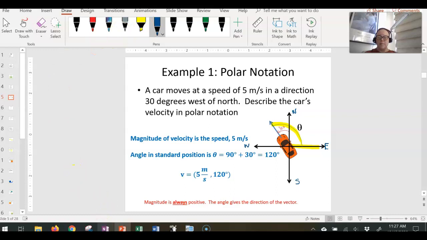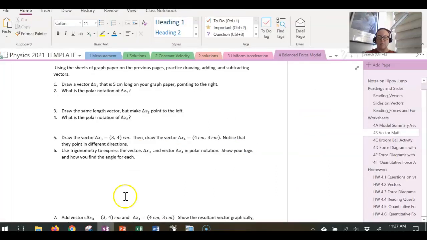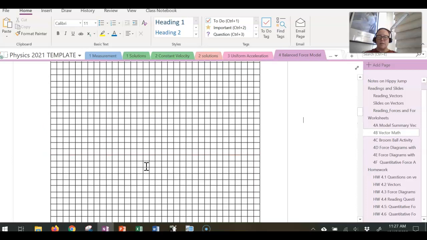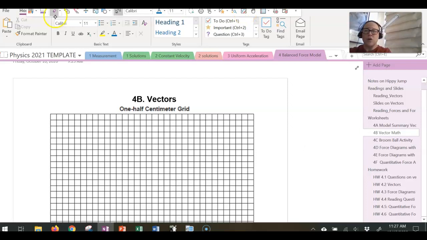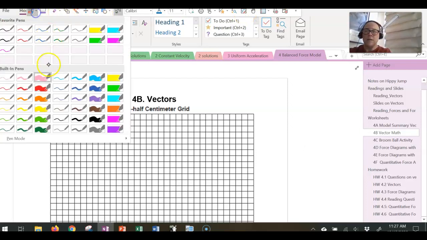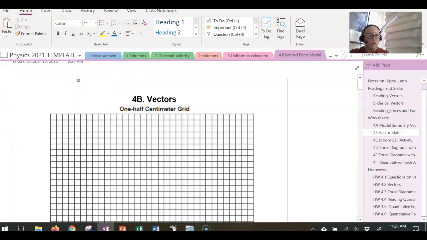Let's practice a couple. Let's see here. So I'm in worksheet 4B, and I have some 1/2 centimeter grid graph paper here, and let's just draw a few vectors. So first I'm going to draw a vector that is 5 centimeters long and points to the right.